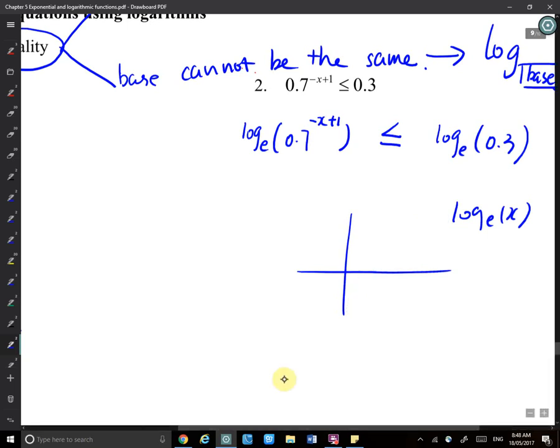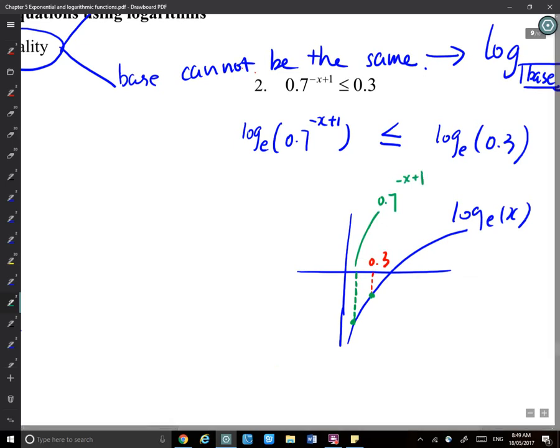So let's draw this here. Say 0.3 is here, and then you will have 0.7 is here. That number is 0.7 to the power of minus x plus 1. It's less than 0.3. You don't know where it is, but it's definitely less than 0.3.